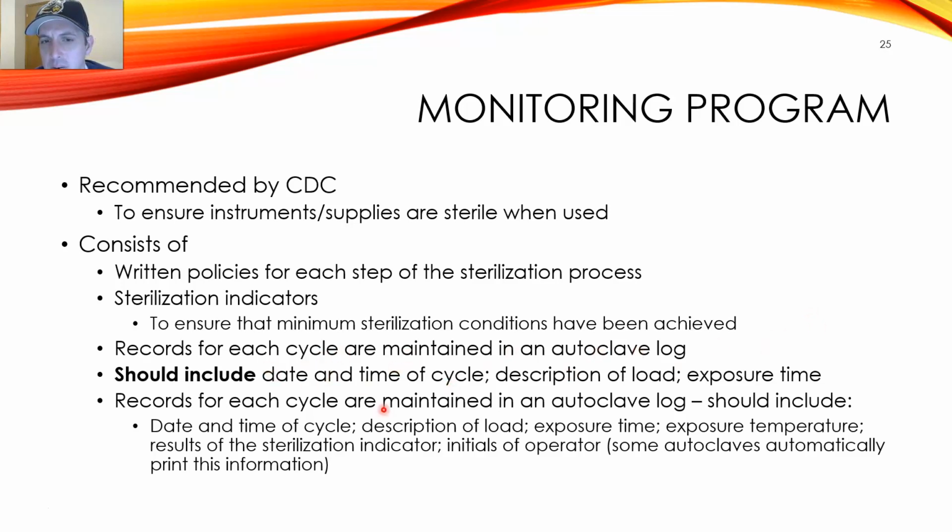And within that is going to include date and time, the description of the load and the exposure time, so we can keep track of all of that for a period of time. Most of these autoclaves automatically print this information, so you just type it into the autoclave when you do it, and then it prints it out and you can include it in your monitoring program.